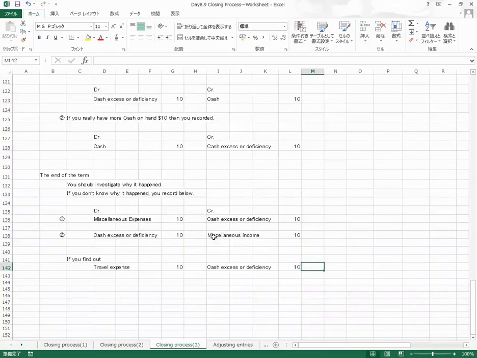Just the opposite: if you had more cash on hand and you do not know why it happened, you record as number 2. Credit side, miscellaneous income 10, and cash excess or deficiency 10.